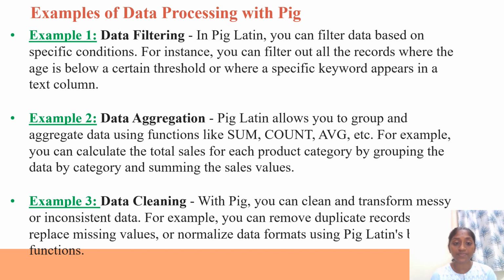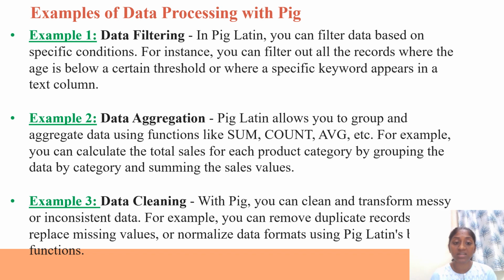Example 2. Data aggregation. Pig Latin allows you to group and aggregate data using functions like sum, count, average, etc. For example, you can calculate the total sales for each product category by grouping the data by category and summing the sales values.